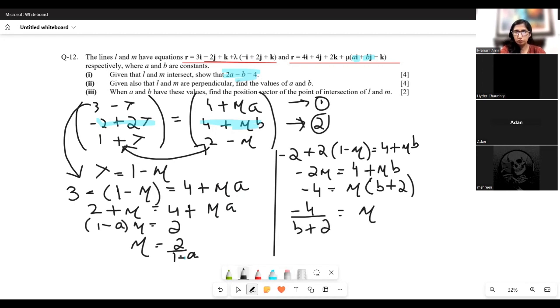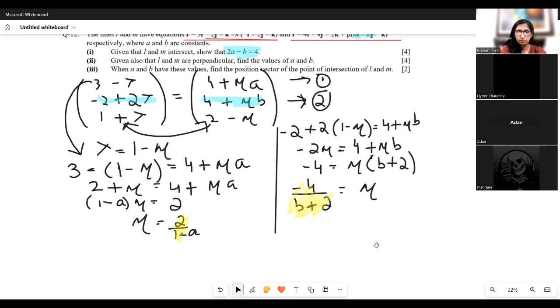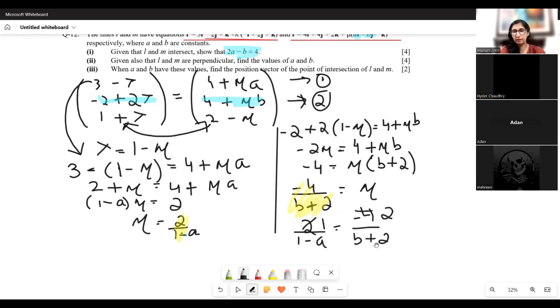Equate both the mu's and hopefully get what is required. Equate this with this. So we get 2 upon 1 minus a equals minus 4 over b plus 2. I'm going to cancel this and this, and cross multiply.